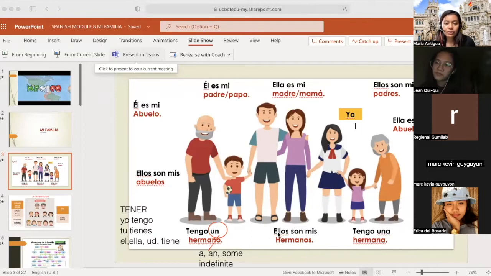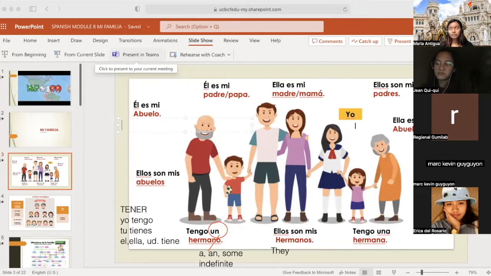Okay, ellos is now what pronoun? What pronoun is ellos from your last module? They. And what is son? What verb is son? From what verb?